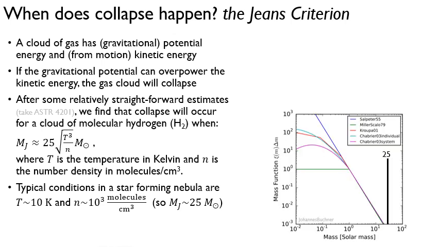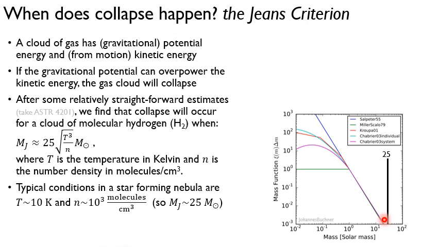Now, you might remember from an earlier lecture that for the initial mass function of stars, there's not a whole lot of 25 solar mass stars being made. If I take a plot of the mass distribution here, you'll see that almost none of the stars are being made with 25 solar masses.